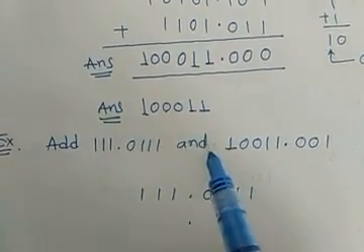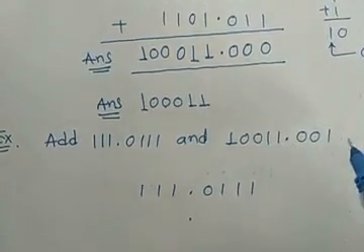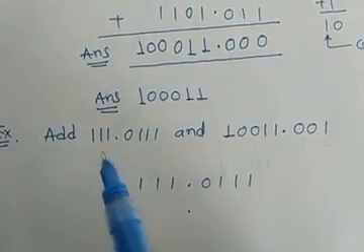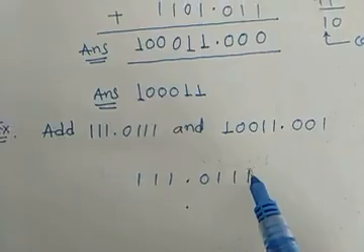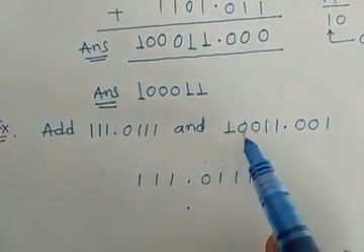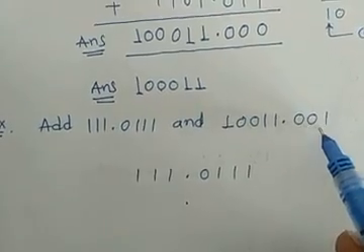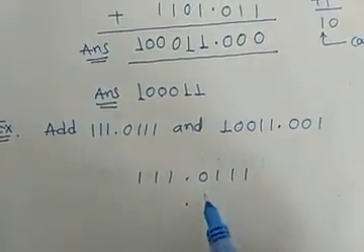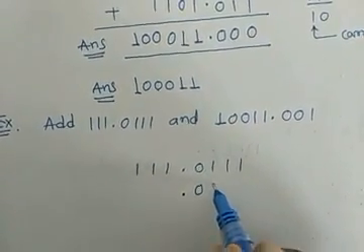Next example is add 111.0111 and 10011.001. So we write the first number 111.0111. Now the second number is 10011.001. First we write the right side below that number. After the point it is 001.